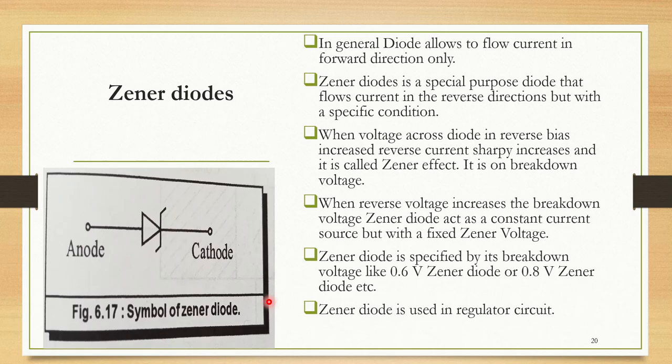Now, Zener diode, this is the application of PN junction in reverse bias case. In general, a diode allows current to flow in the forward direction. Zener diode is a special purpose diode that flows current in the reverse direction, but with a specific condition. That's why the symbol is changed.